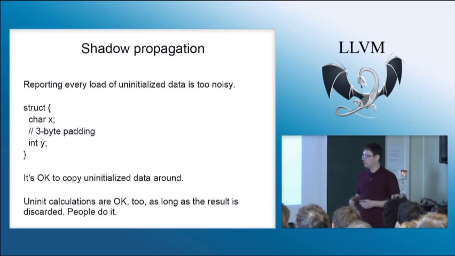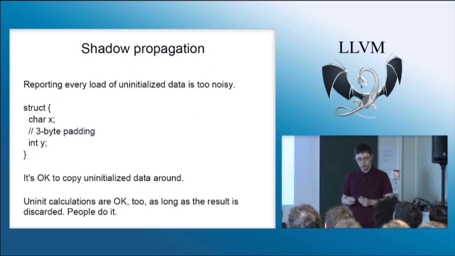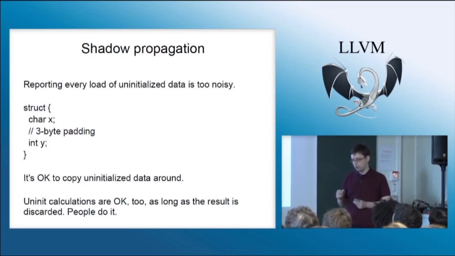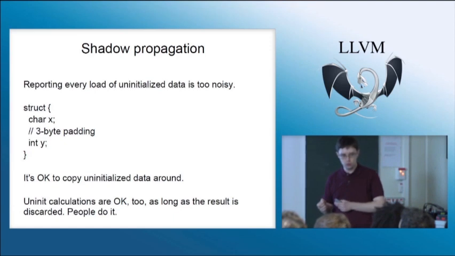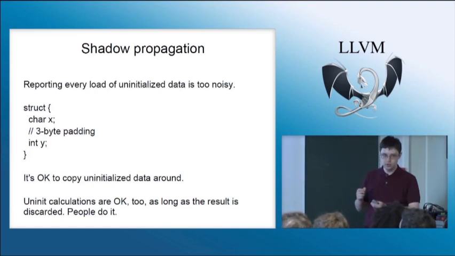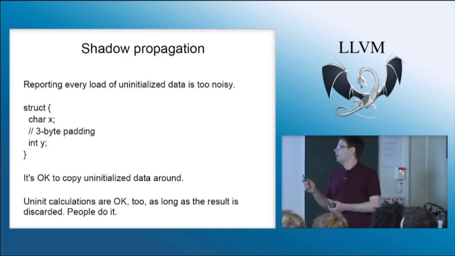There is always a choice between reporting each case when we've got a not fully initialized argument to some IR instruction, or propagating this uninitializedness to the result of that instruction.